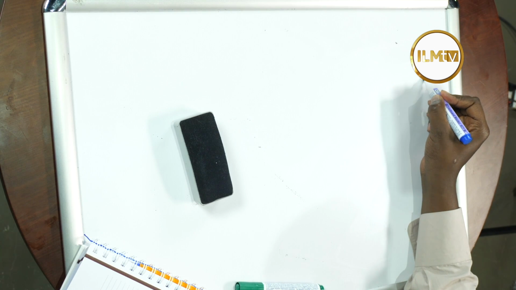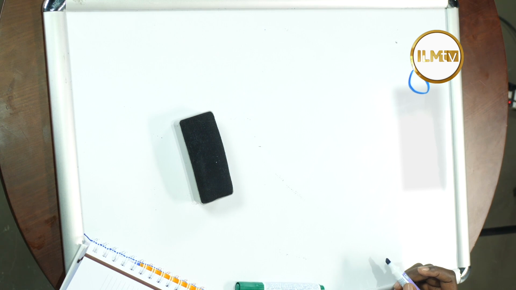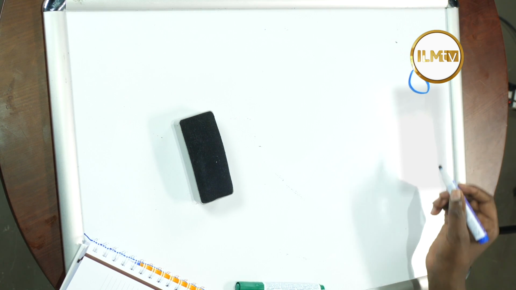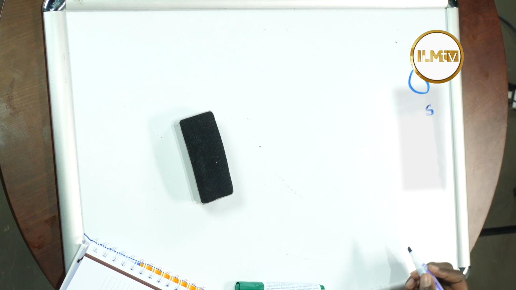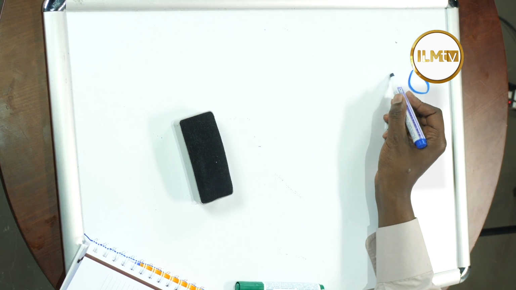Now let us introduce our consonants. Today we are going to learn four consonants. The first one is that. We've already seen it. It sounds S, like the S in English. It's written with these strokes.